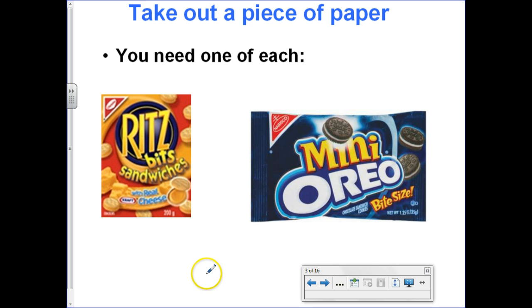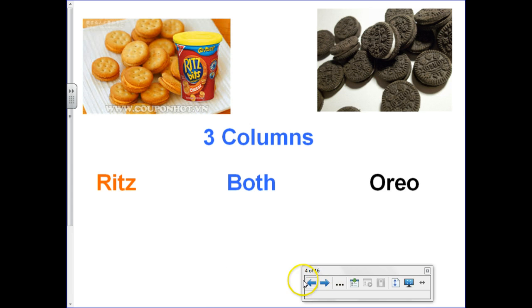is the bad part about doing it virtually, is that normally right now what I would do is you would get out your notes and I would give you one Ritz Bits and one mini Oreo, and we would do a little experiment here. So in your notes, what I'm going to have you do is make 3 columns.